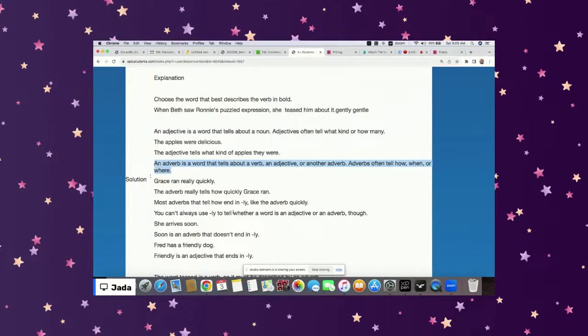And then, Fred has a friendly dog. Friendly is an adjective that ends with ly. So you have to be able to differentiate between the adverb telling you about a verb, adjective, or another adverb, because there are some adjectives that also end with ly.